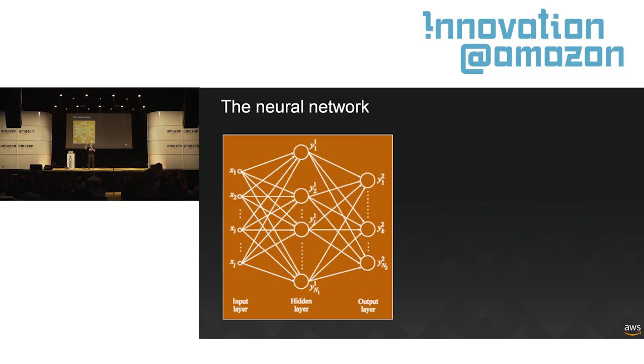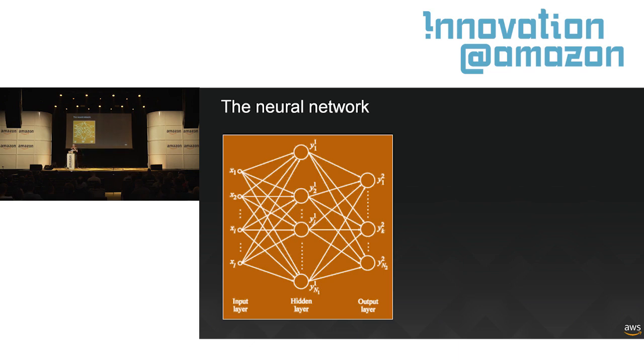In each of the Y neurons, we would have the probability that the image is of this given class. Let's say we have 100 classes. We would have 100 output neurons. Each of them would store the probability that the image belonged to class I or class J or whatever the numbers or the names are.